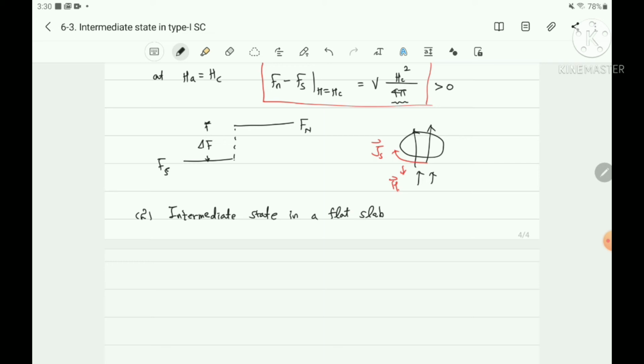It is not a London theory. It is discussed by Landau. Landau is a famous Russian physicist.